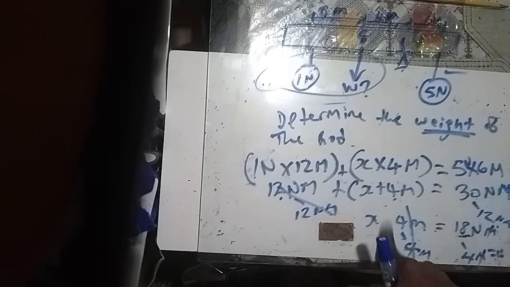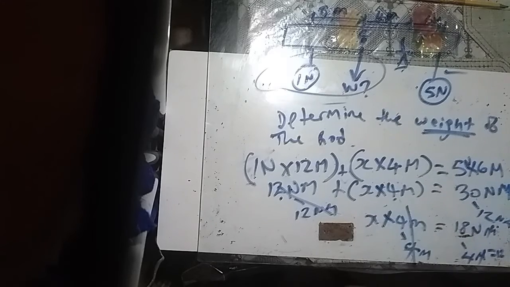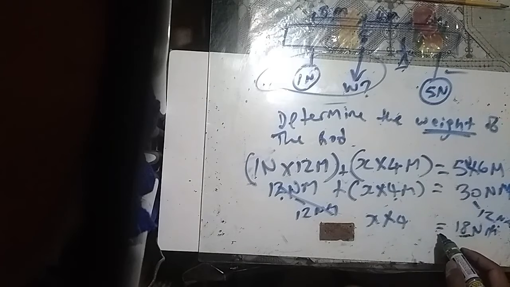Oh, my apologies, it was x times 4. So I do not subtract it. After I take out the bracket, I will have x times 4. So x times 4 will be equal to 18 Newton meter.